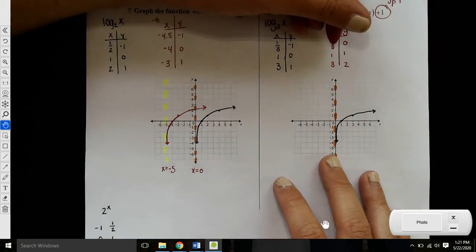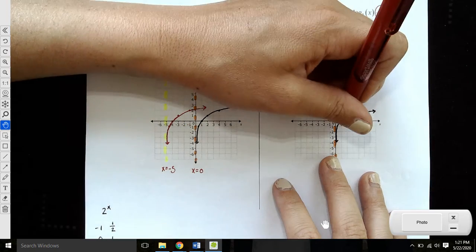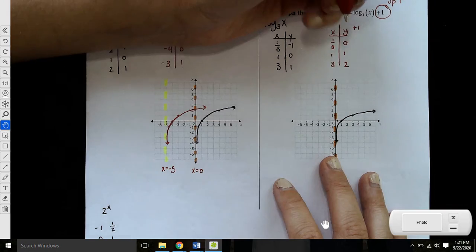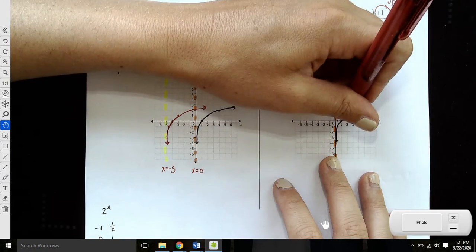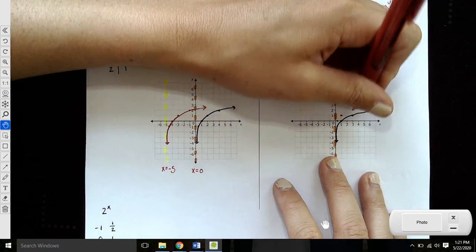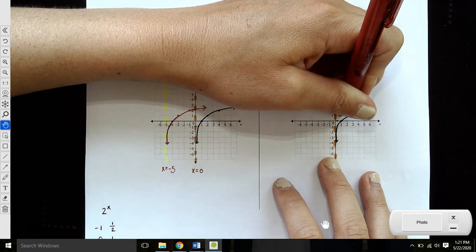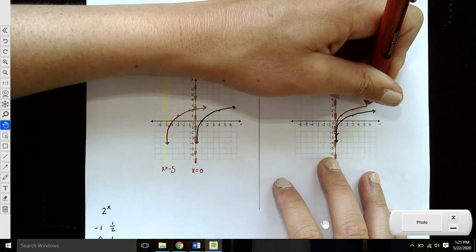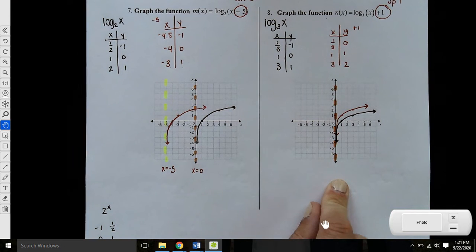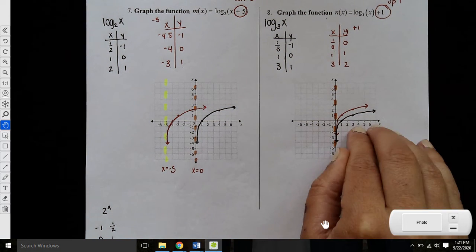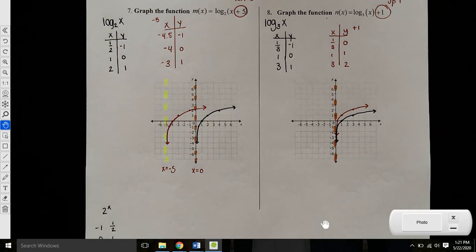So I have 1/3 comma 0, 1 comma 1, and 3 comma 2. Notice I didn't move left or right, so I still have that same asymptote here at x equals 0. This one just moved up 1.